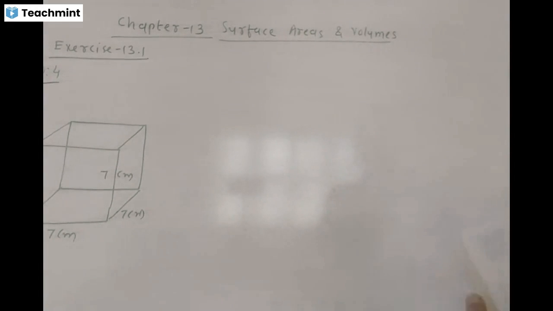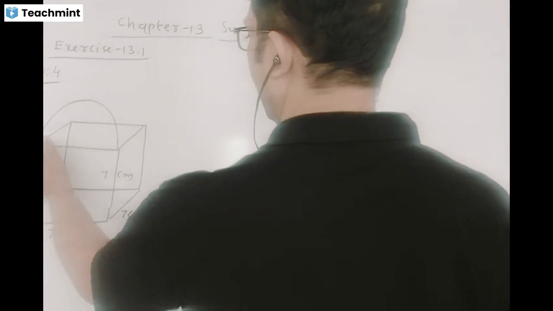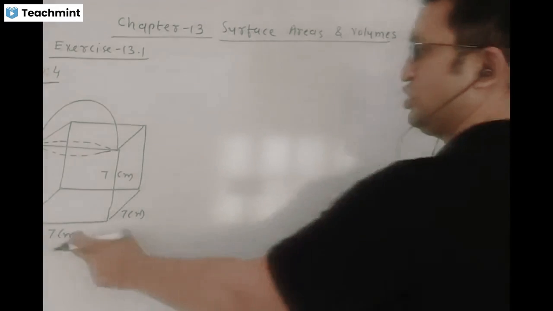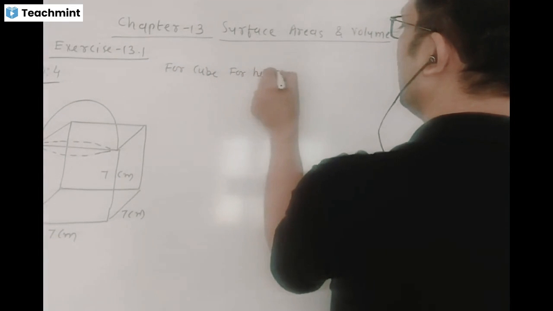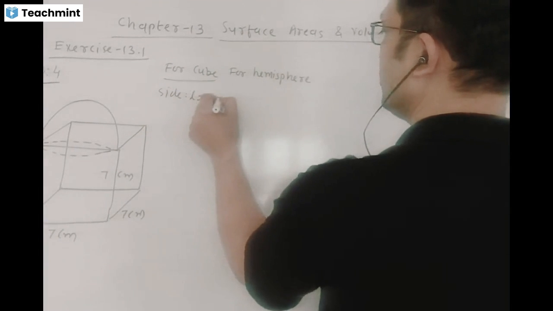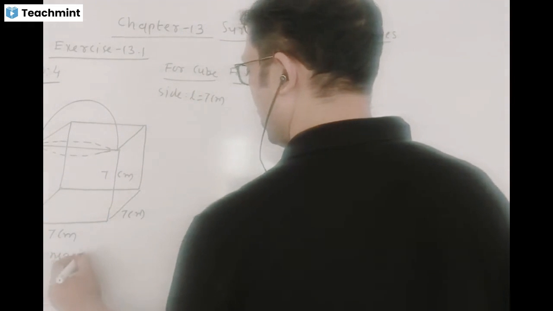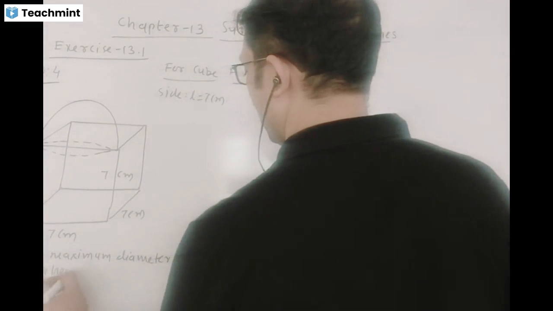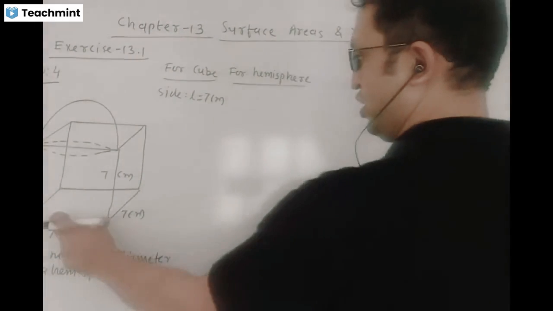What is the greatest diameter the hemisphere can have? Its diameter can be at most how much? Here on top we can construct it. So the maximum diameter of the hemisphere is equal to 7 centimeter, that is equal to the edge of the cube.